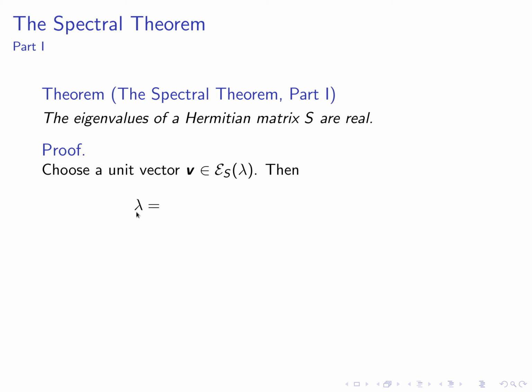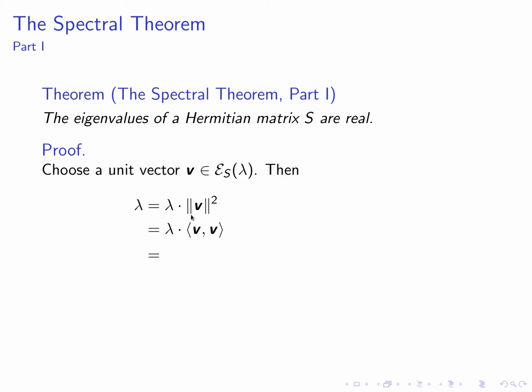Well, lambda is the same thing as lambda multiplied by the length of v squared, because we are told that v here is a unit vector. So the length of v is equal to 1. This is a famous trick in math. Sometimes it's convenient to multiply whatever we're looking at by 1 in a convenient way.